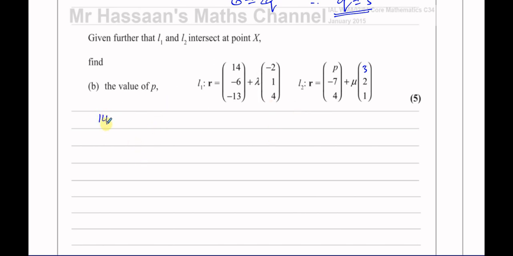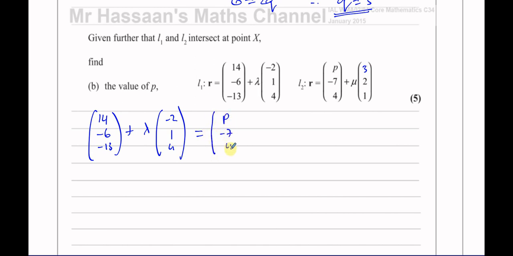I can say (14, -6, -13) plus lambda times (-2, 1, 4) is equal to, there will be somewhere where these are equal, (p, -7, 4) plus mu times (3, 2, 1). From this we can derive three equations.